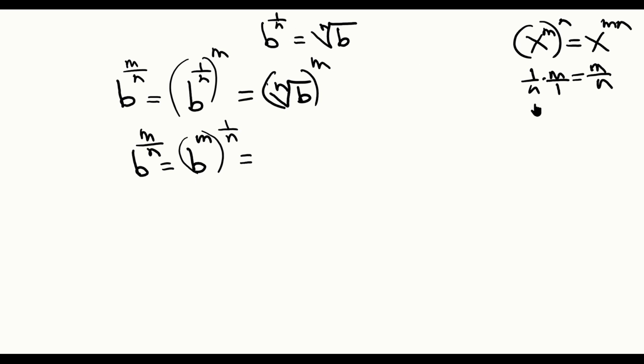So here I can say this is the nth root of b to the m, which brings me to the ability to write now this extended identity, which b to the m over n equals, first I'll bring this over, the nth root of b to the m, which is also equal to this expression.